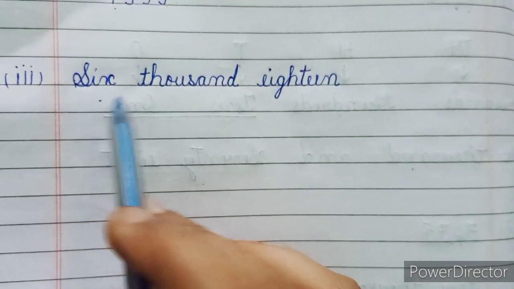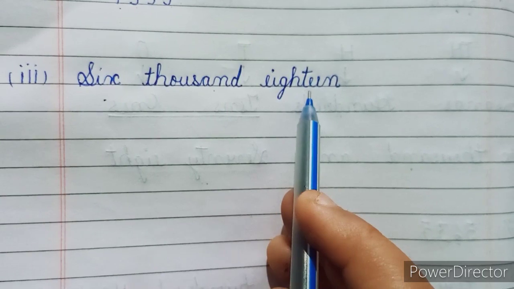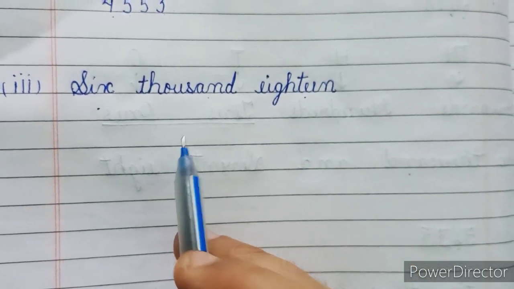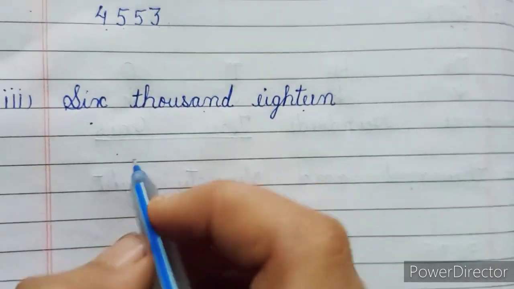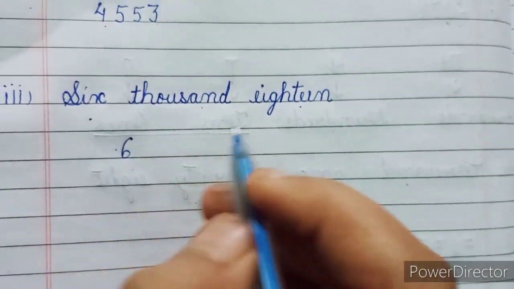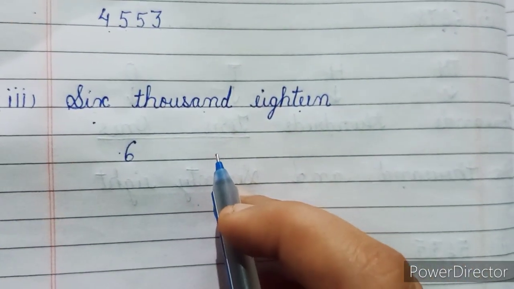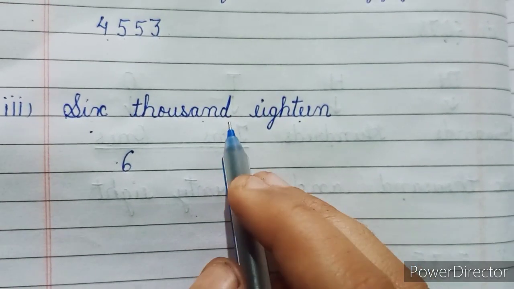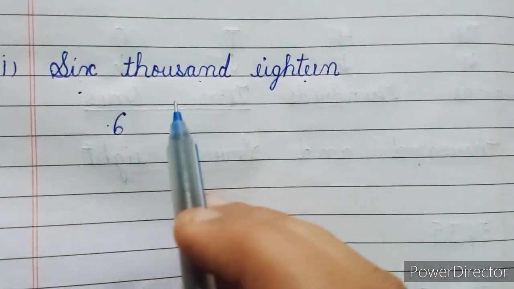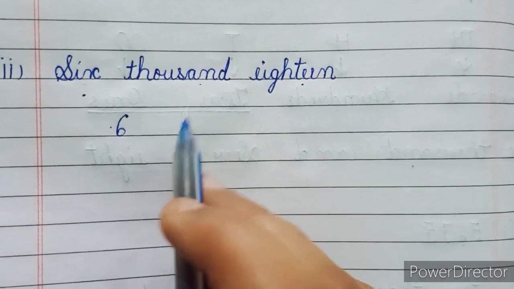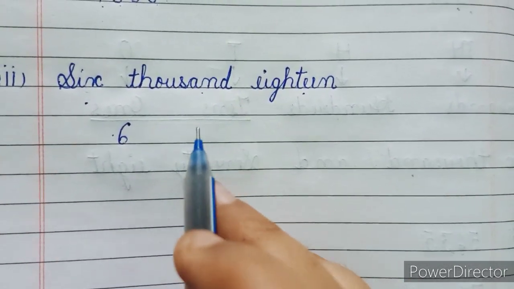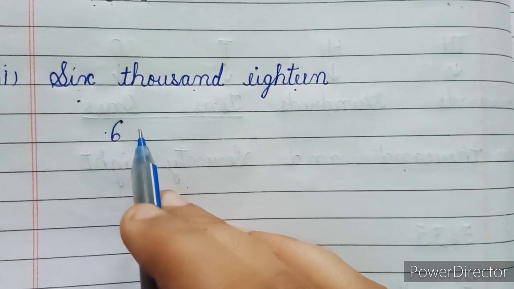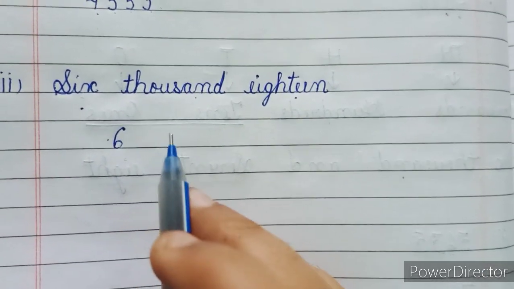Third one is 6018. It is written 6000. So first we will write 6. After that, see. Children, see carefully. If hundreds is not written here, then we will place 0 in the hundreds place. Okay?